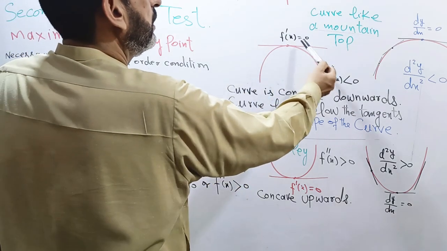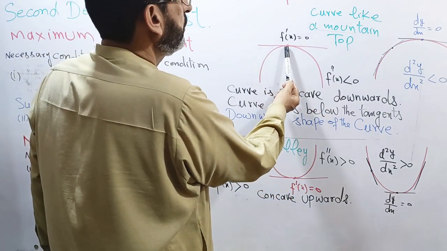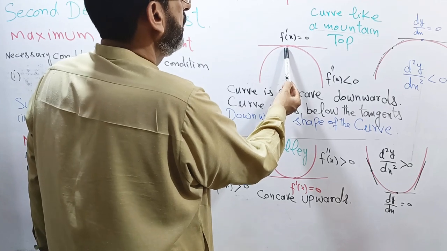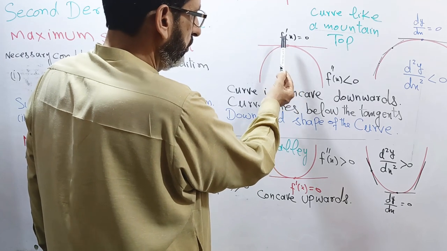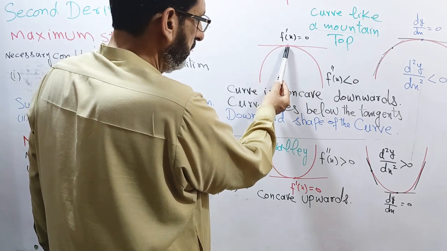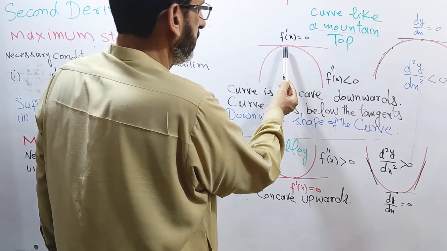Graph will be of this form. Here it is the maximum point, and we draw the tangent, and this tangent is horizontal, therefore its slope will be 0. We say f prime of x is 0 at the maximum point.